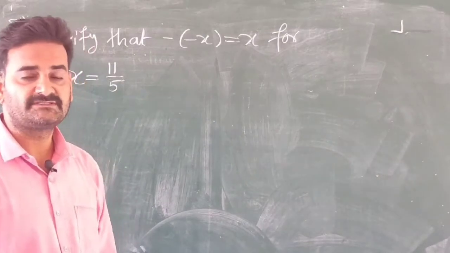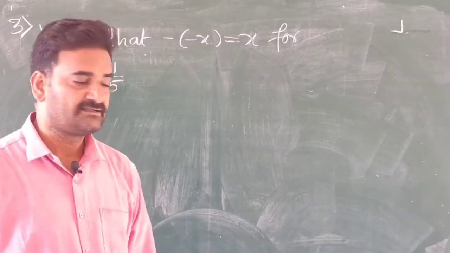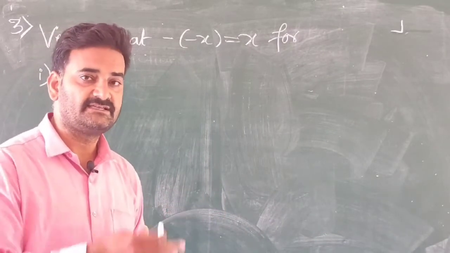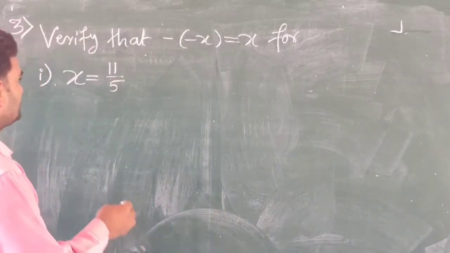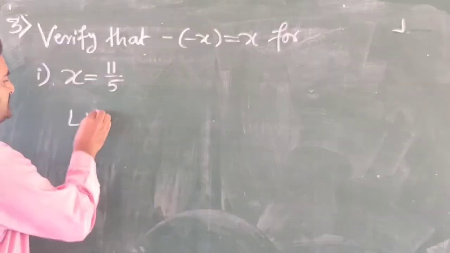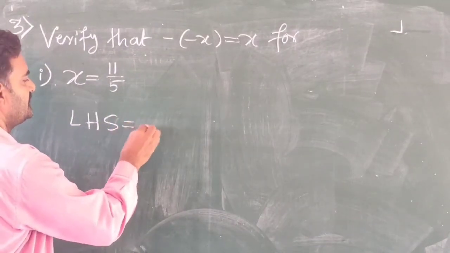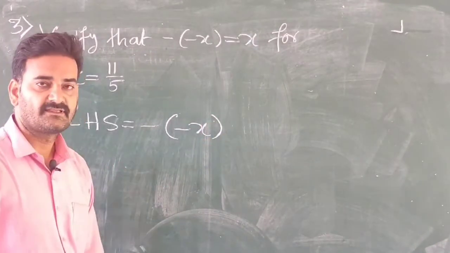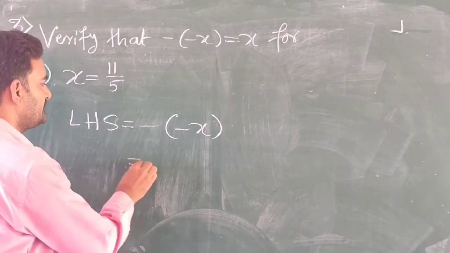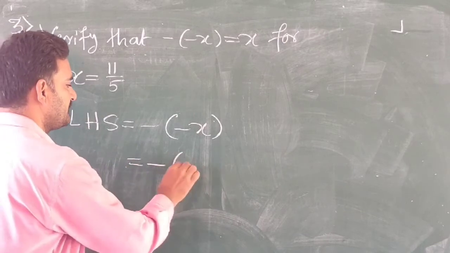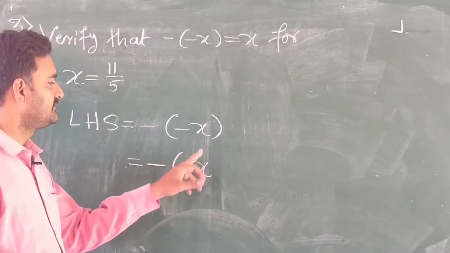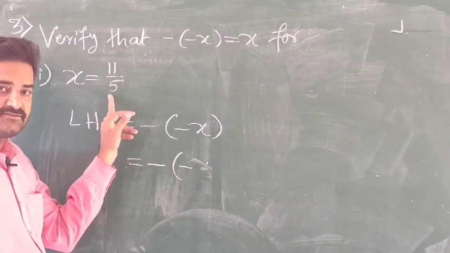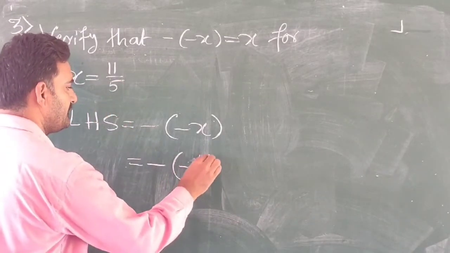And one more problem is there. You have to try that, and I'll teach you this one. Based upon this, you try the second one. Let us say LHS. What is LHS? Minus of minus x. This is equal to minus as it is, minus x as it is. Instead of x, what is there? 11 by 5.